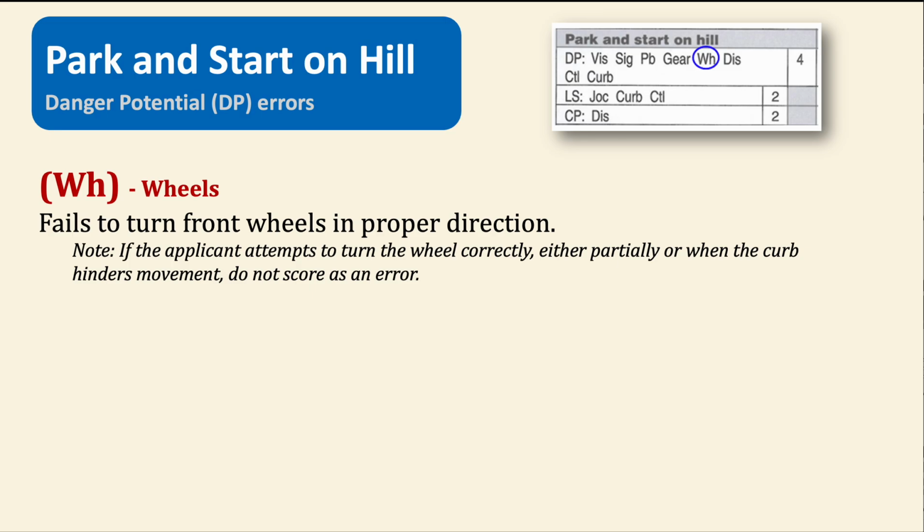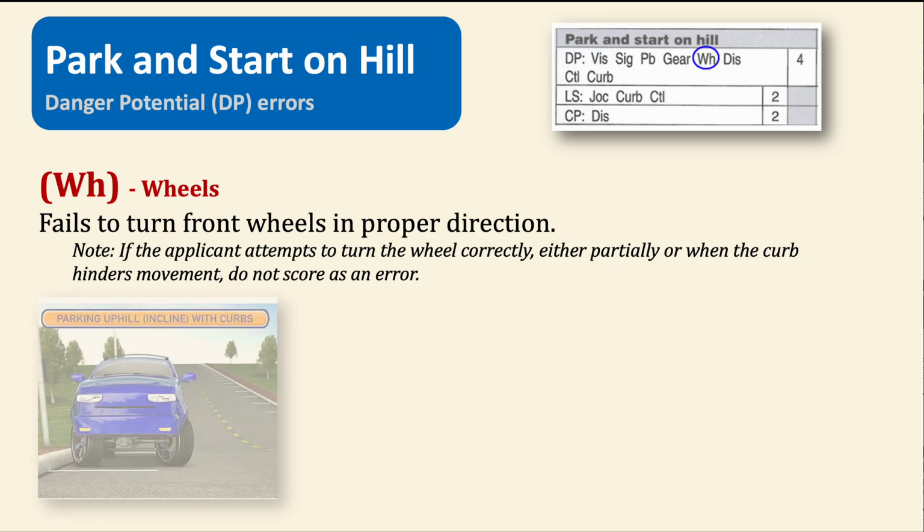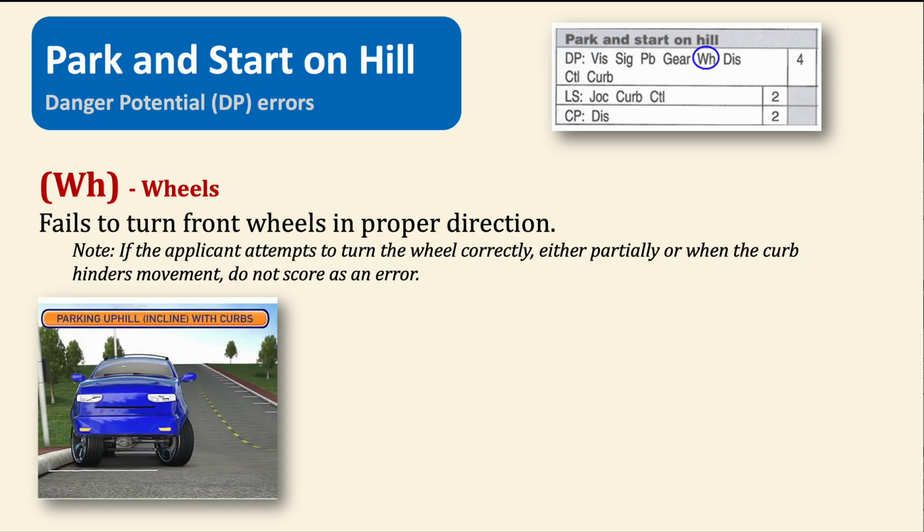The wheels error: the applicant fails to turn the front wheels in the proper direction. Now, they don't need to make a full rotation of the wheel. If the applicant attempts to turn the wheel correctly, either partially or when the curb hinders their movement, do not score it as an error. Remember which way applicants have to turn their wheels.